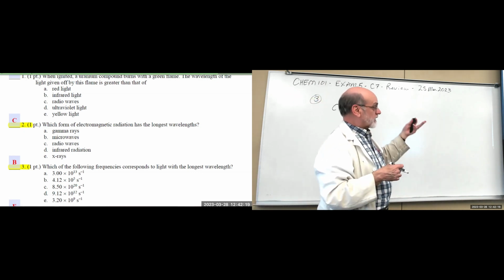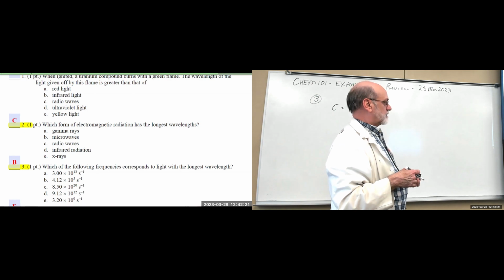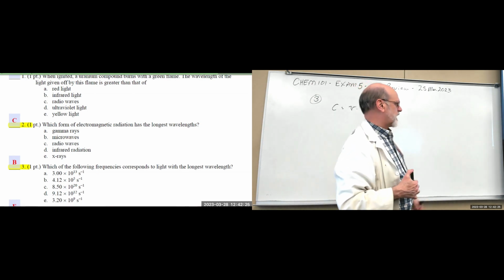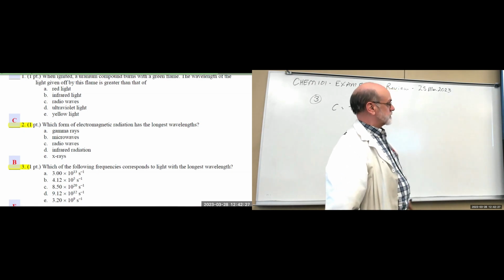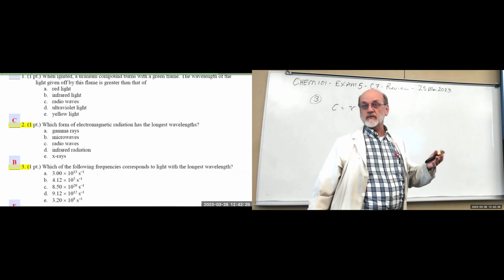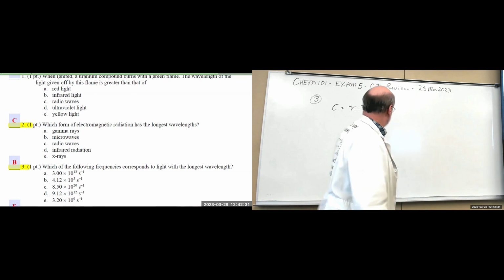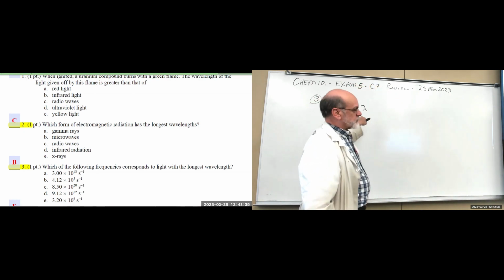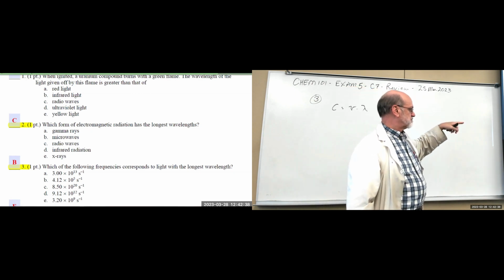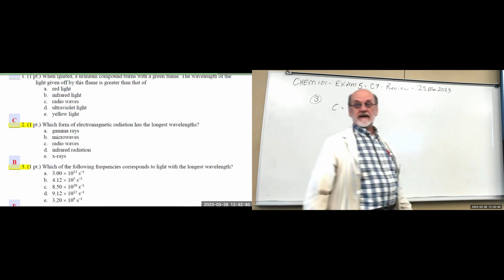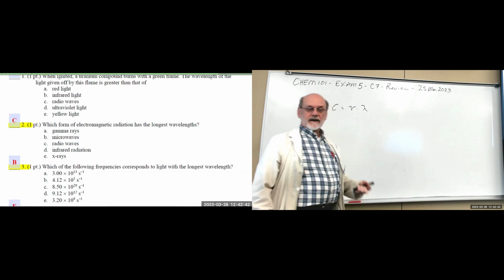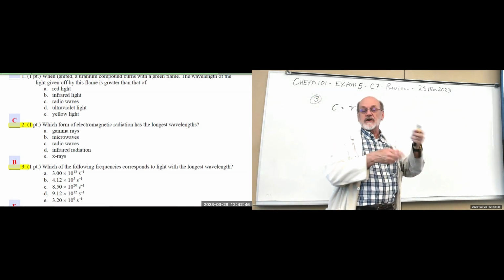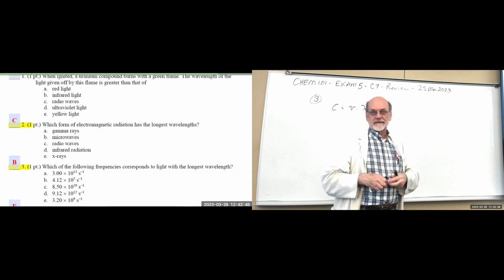So I look at the powers of 10 first. Do any of them have the same power? No, they're all different. So we can rationalize this one just from the powers of 10. The smallest frequency here would be 10 to the 5th, B. And if you run across two or more that have the same powers of 10, then you go to the coefficient and break the tie.